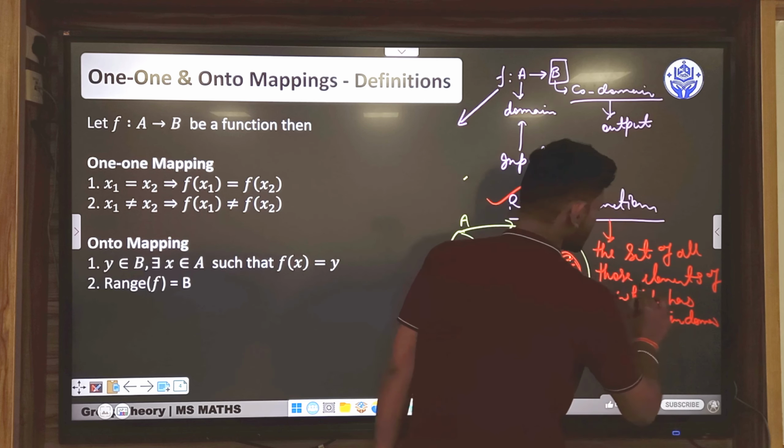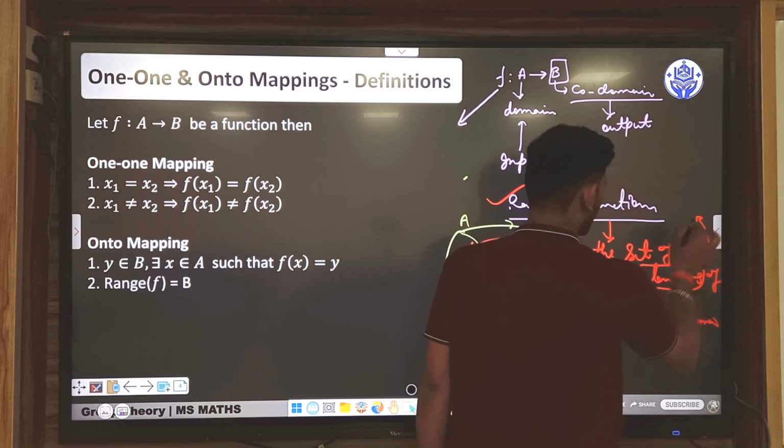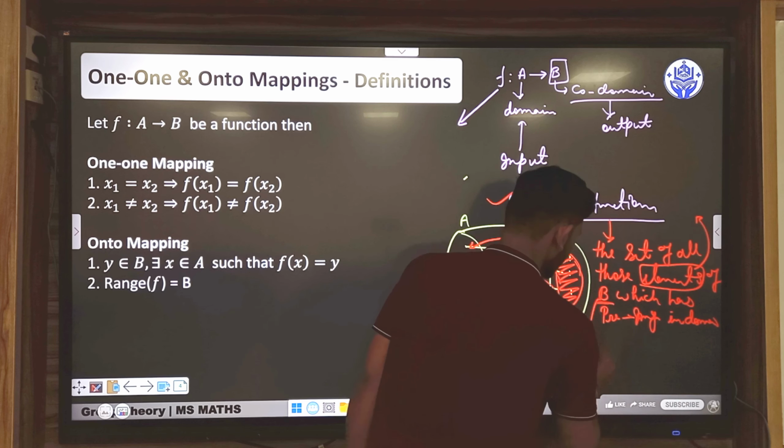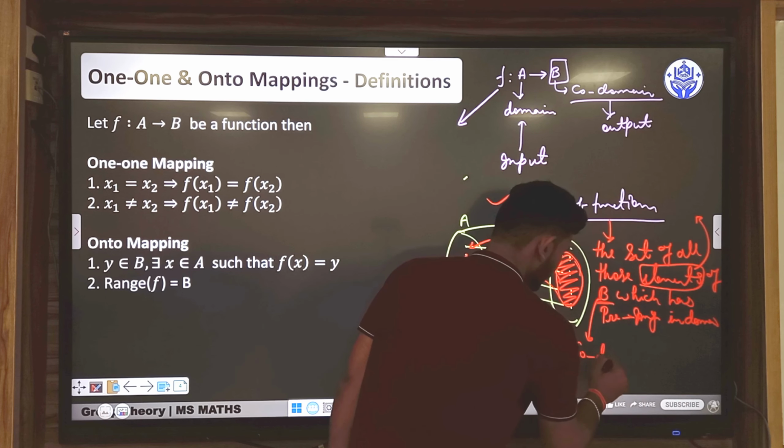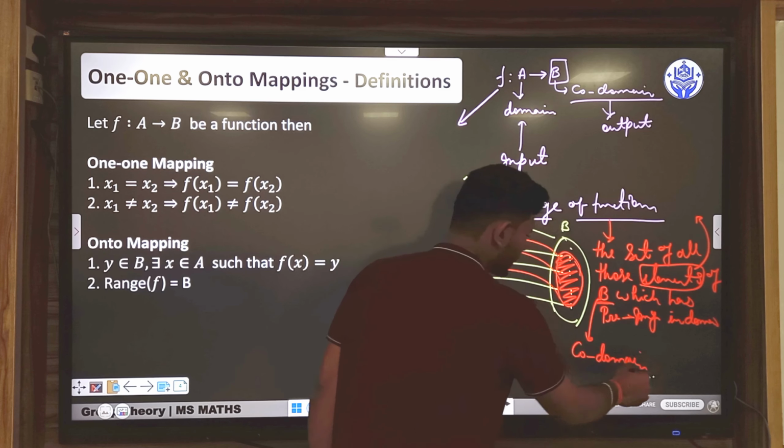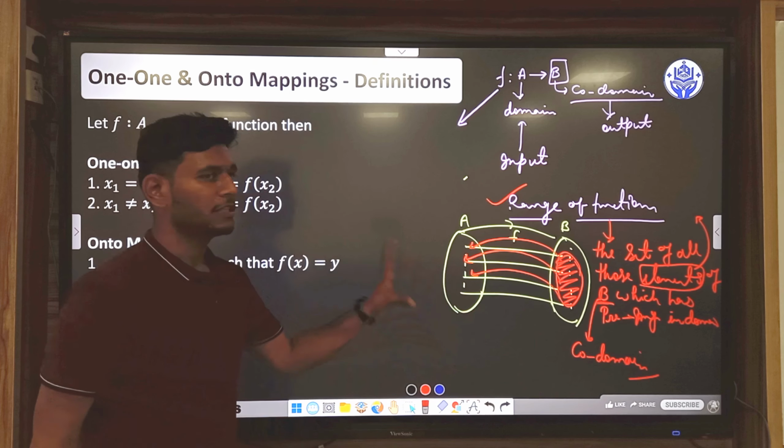B is nothing but my codomain. This is the concept of range.